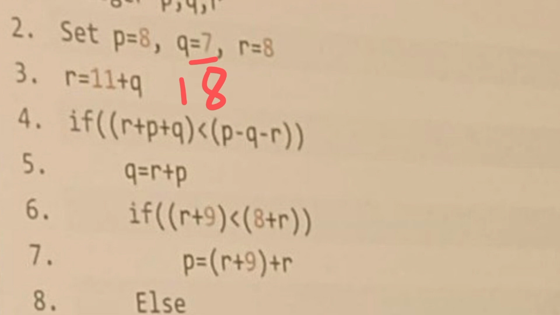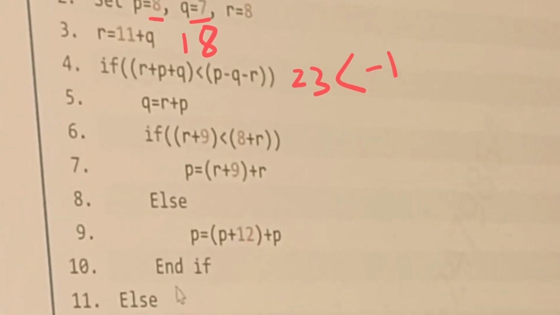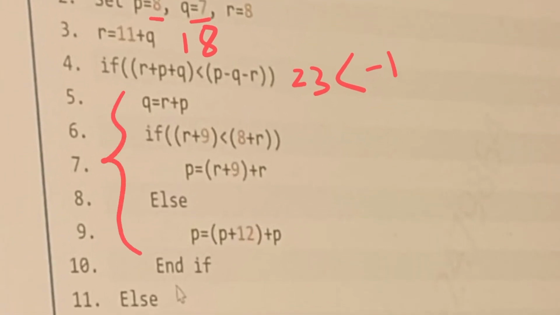So 23 less than this. Let me check this. p is 8, q is 7, so 8 minus 7 is 1, minus r, that is a negative number. So 23 can't be less than a negative number, so we have to skip this whole if block.